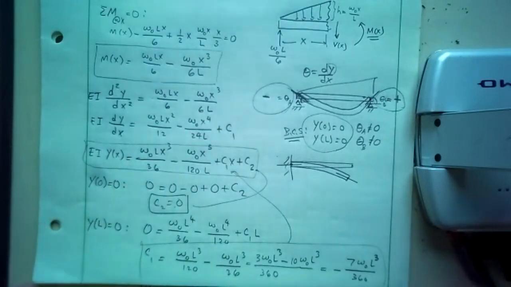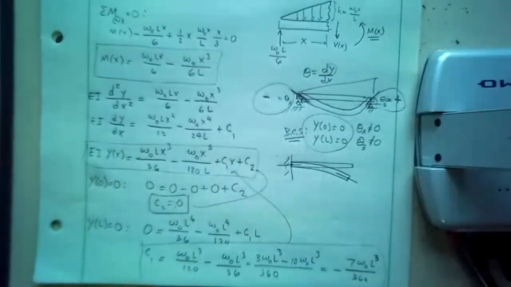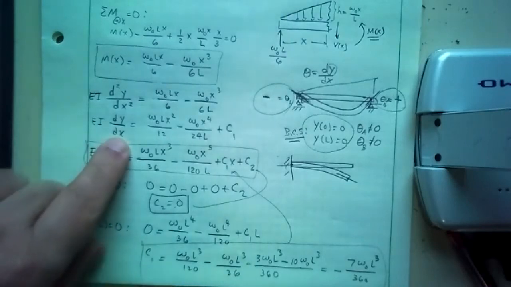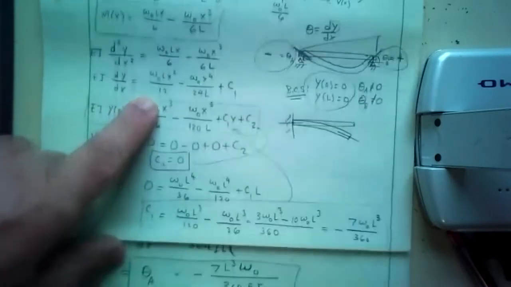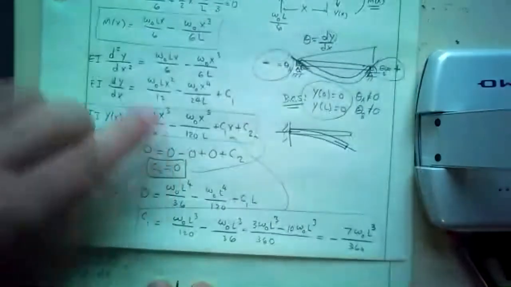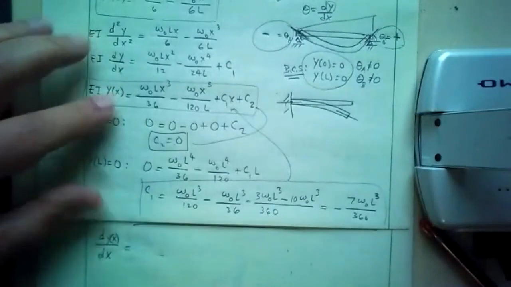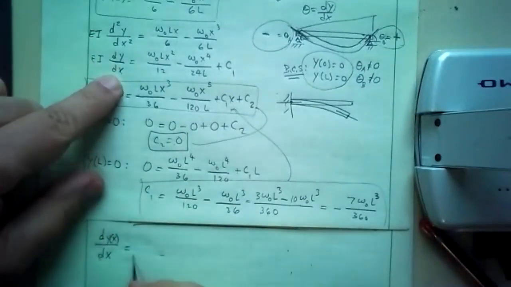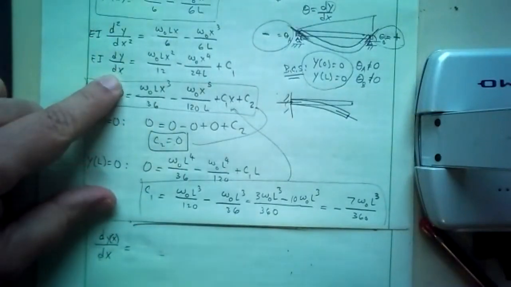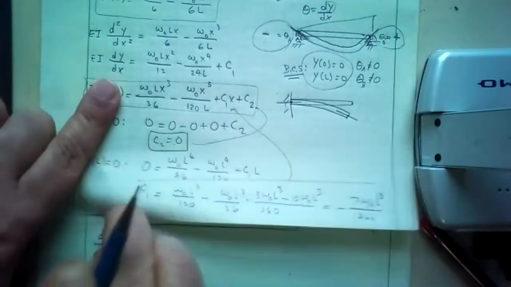So I'll write the equation again. The slope is a function of length, dy dx as a function of x. I don't have to put an x here. It's already implied.